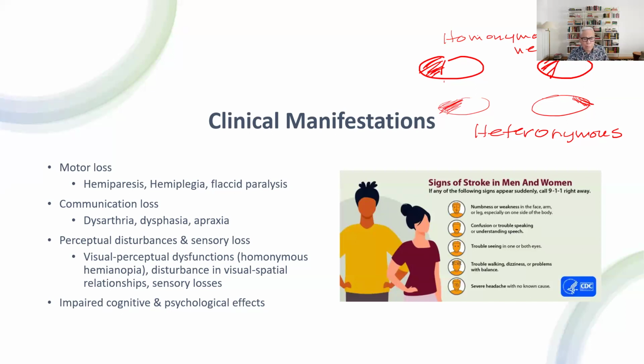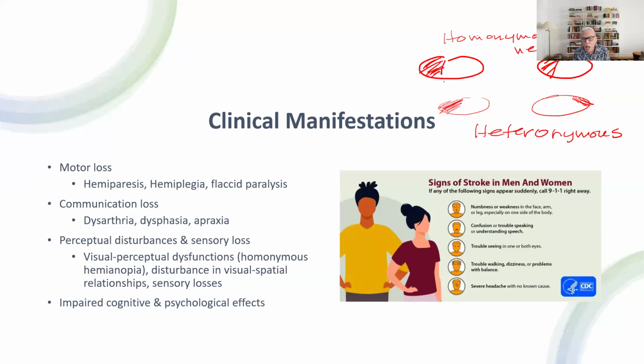Then there's going to be impairment of cognitive and psychological effects. We all know that particularly in the frontal lobe, learning capacity and memory is going to be altered if that's going to be involved. And then sometimes your intellectual functions are also going to be impaired.